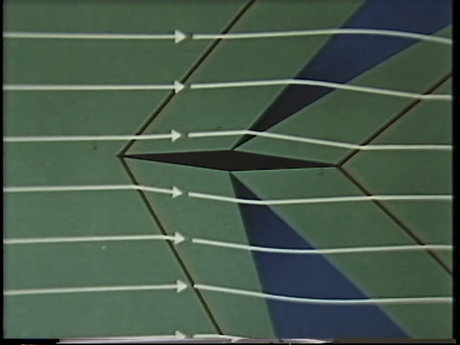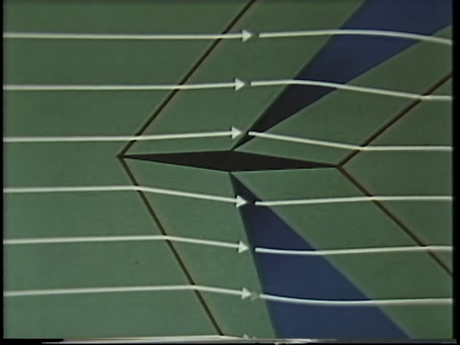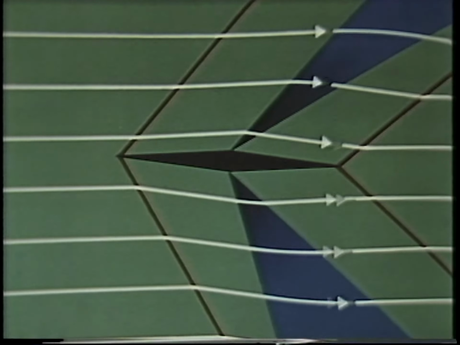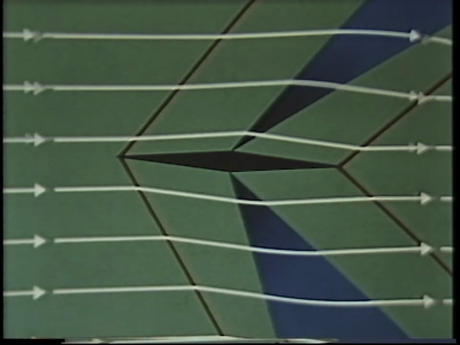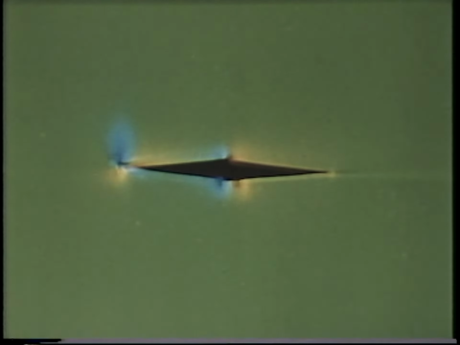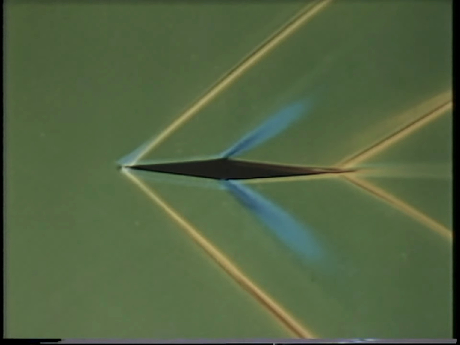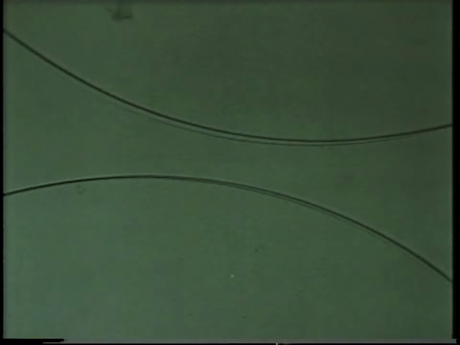The changes of pressure caused by the shock wave and blue areas give the wing its lift. Here's a wind tunnel picture at nearly twice the speed of sound. Another shape, formed by two arcs of circles, is the biconvex, which, like the double wedge, has sharply pointed front and rear edges.